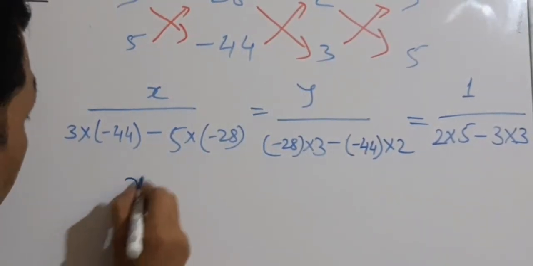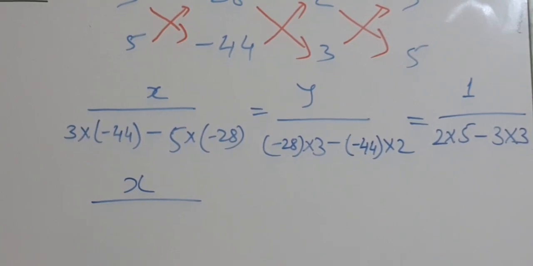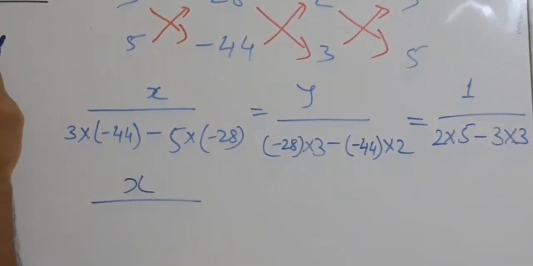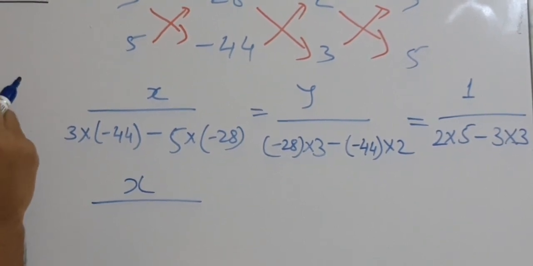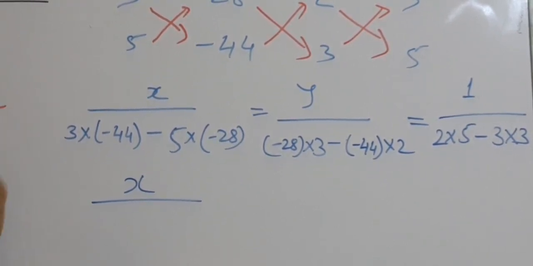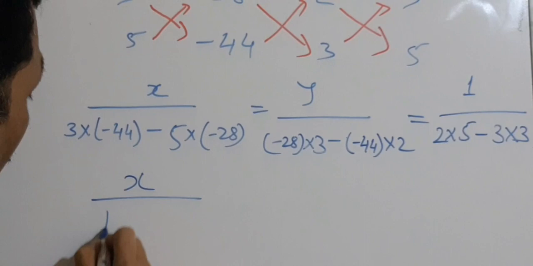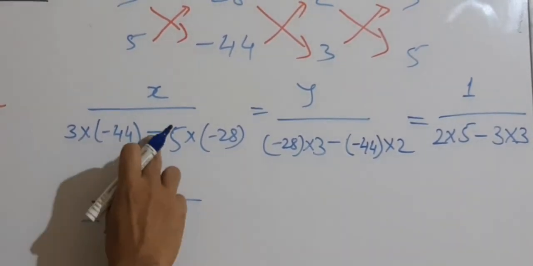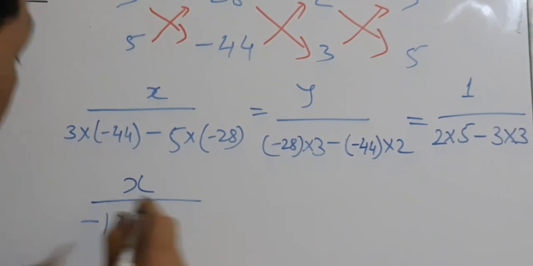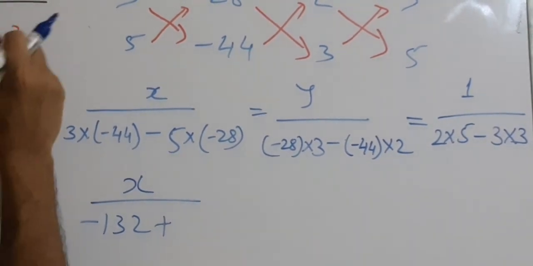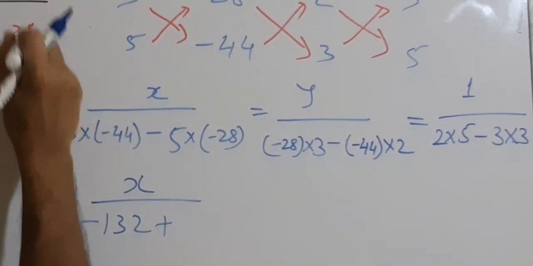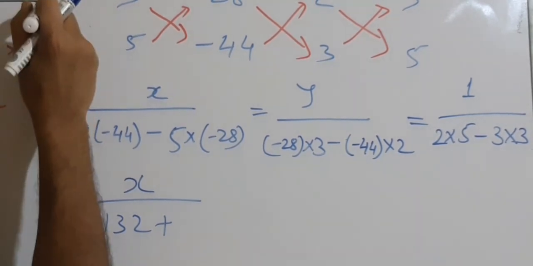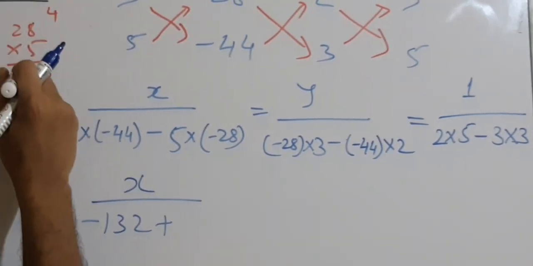We will simplify further. x upon 44 into 3. I will do rough work here. 44 into 3. 3 4s are 12, 3 4s are 12 plus 1, 13. So 132. Plus into minus is minus. Here minus multiplied by minus is plus. And 28 into 5, 5 8s are 40, 140.